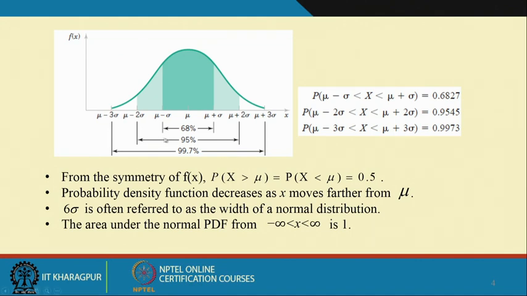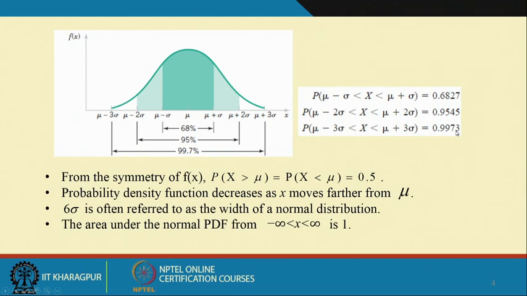Now there are certain other values given in the figure: 68%, 95% and 99.7%. What does it mean? It means that if you take the range mu minus sigma to mu plus sigma, then the probability is 0.6827. If you take mu minus 2 sigma to mu plus 2 sigma, the probability is 95.45%, or 0.9545, and for 3 sigma, 0.9973.